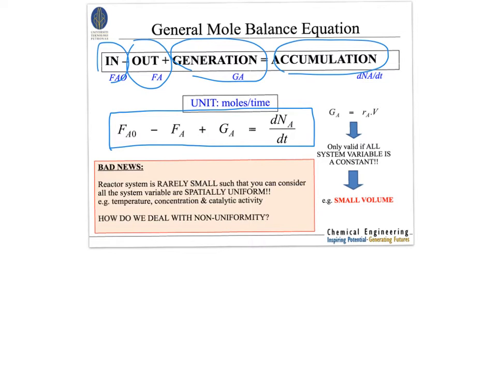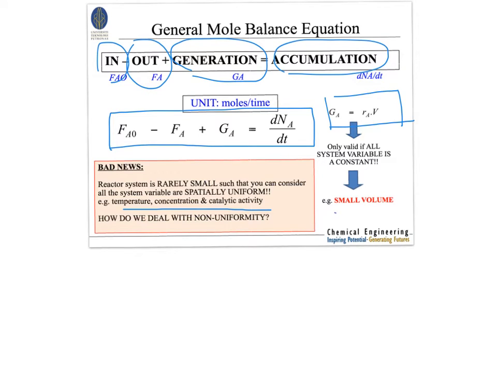So the generation GA equals RA V. This is only valid if all system variables are constant. For example, the temperature, the concentration, the catalytic activity are all constant.